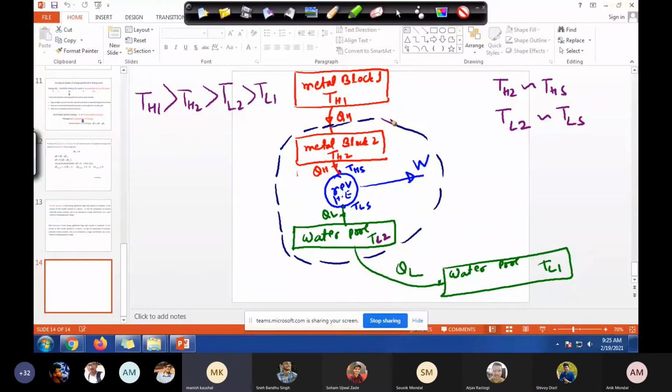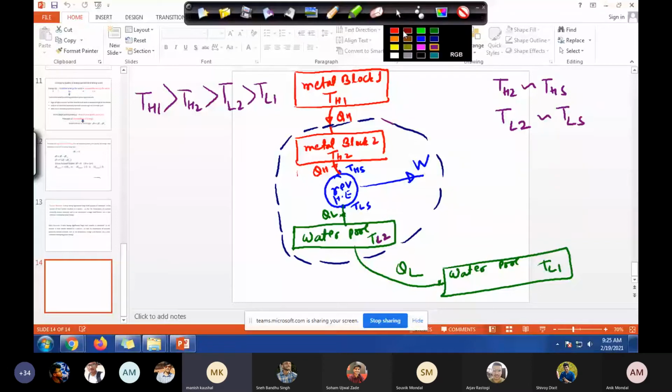So 2 metal blocks, 2 water pools, a reversible engine. So first of all, externally, it is irreversible. What is the reason, Bhavna?